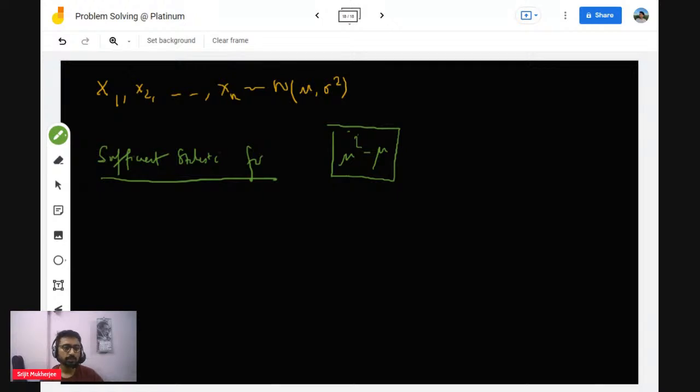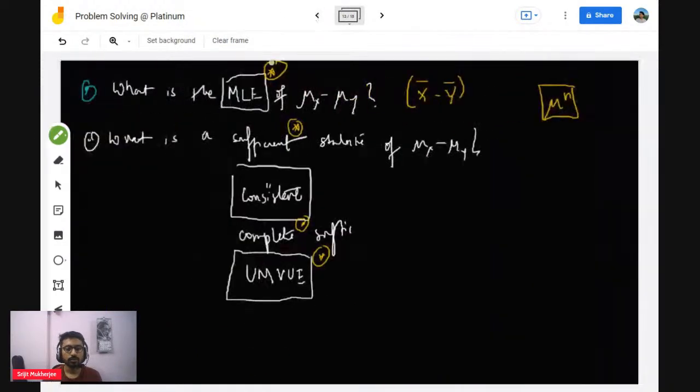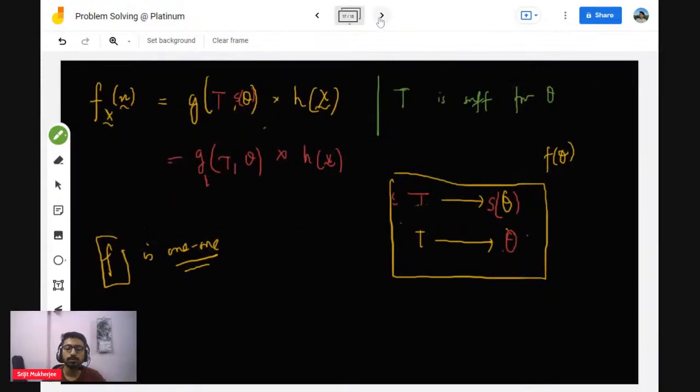If we can solve this problem, we can show it. We already solved the problem over here. So what is the MLE of this? What is the consistent estimator of this? But we have not solved mu x minus mu y. This is the problem I will solve last, as today there is no time to do it.